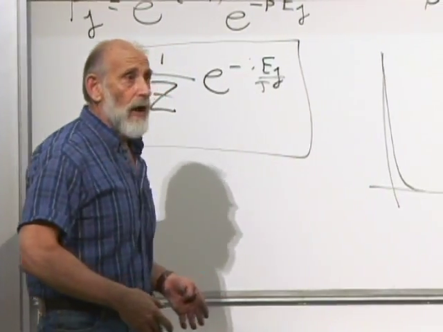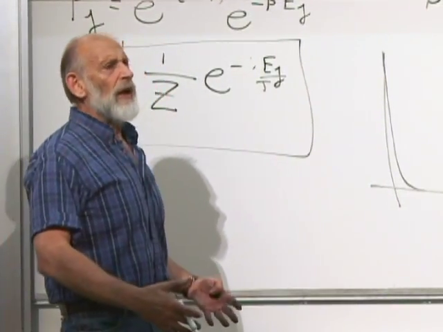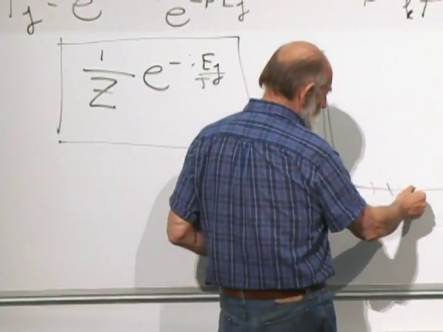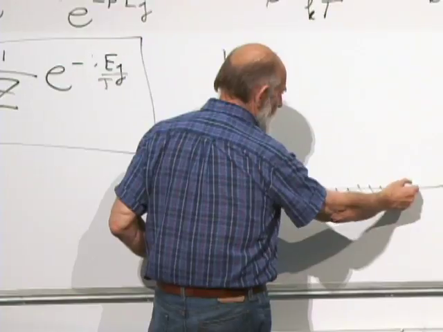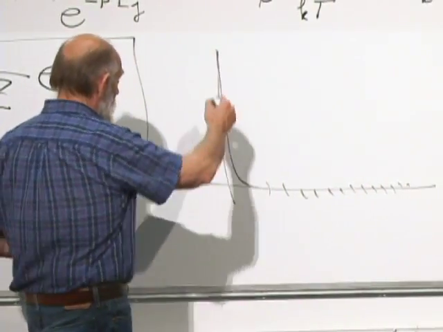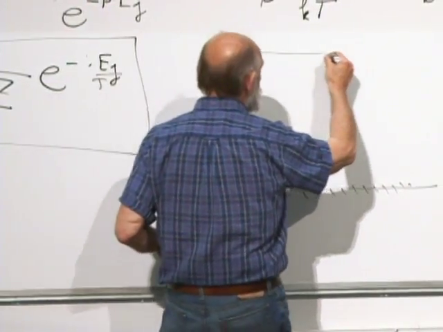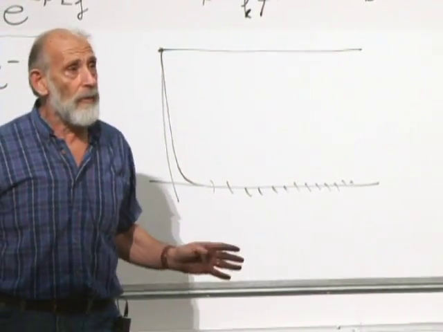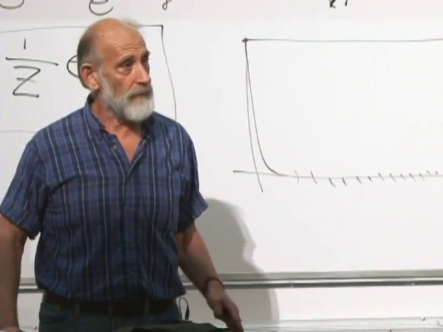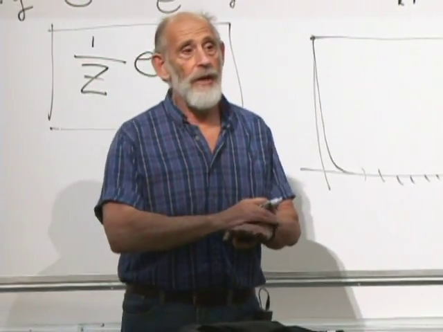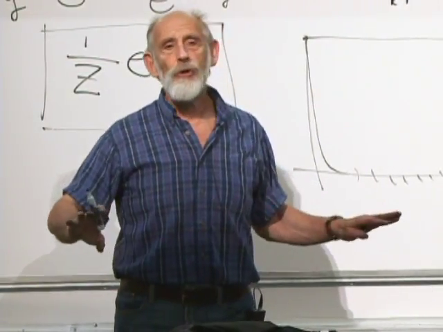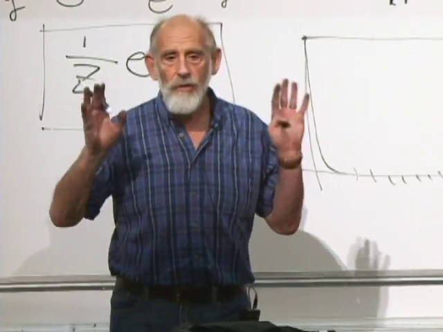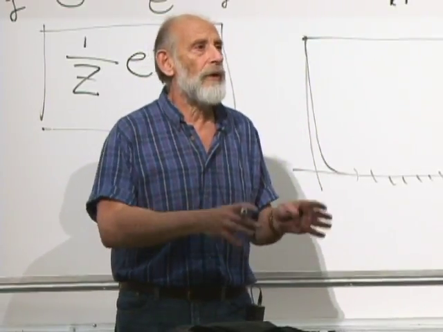As the temperature goes up, to enormously high temperatures, the distribution gets flat. All states become equally probable at infinite temperature. That's a state of absolute maximum entropy that you can possibly have. You know nothing about the system, so all states are equally likely.